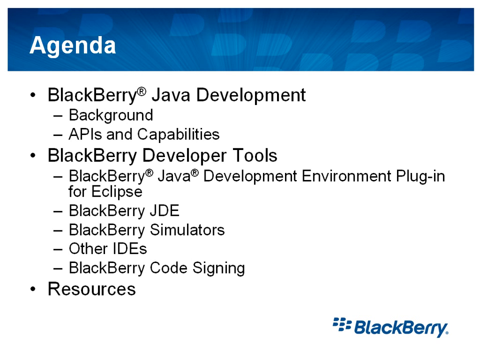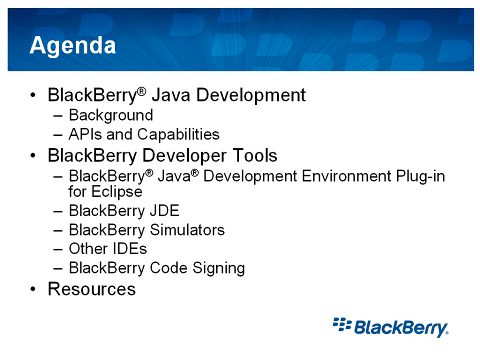First, we're going to cover Blackberry Java development, including background and some of the capabilities and APIs of the Blackberry Java platform today. Once you have an understanding of those pieces and are motivated to write a Java application, we're going to talk about the Blackberry developer tools. First the Blackberry JDE plugin for Eclipse, then the Blackberry JDE, which was made as a custom IDE by Research in Motion.